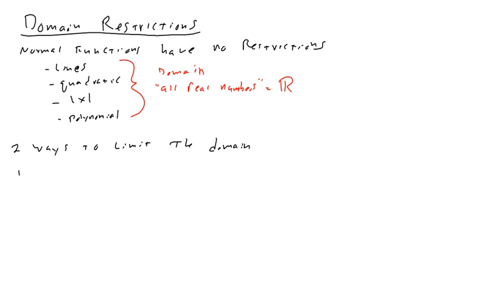Our first way is when you have a variable in the denominator. For example, if f of x equals 1 over x. This is going to cause us to have a restriction. It's going to limit what is possible, what is allowed to be plugged into the function.